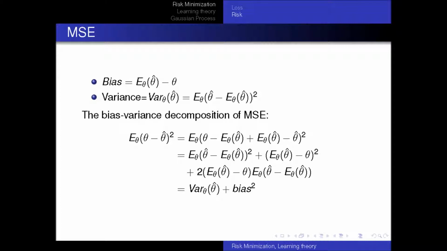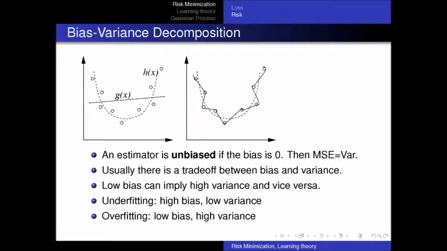And the variance of chi n minus 1 squared is just 2 times n minus 1. So it's exactly the thing here, 2 sigma to the fourth over n minus 1.